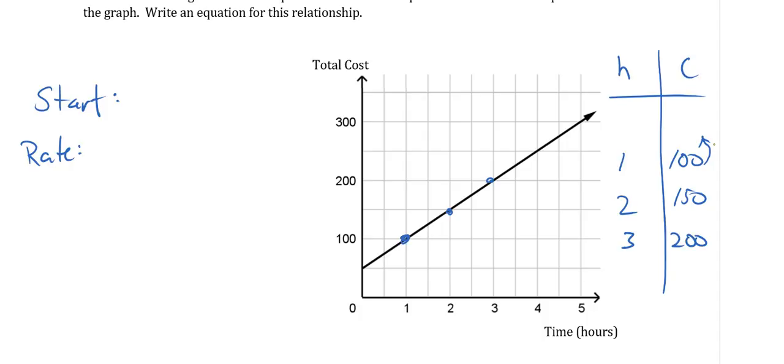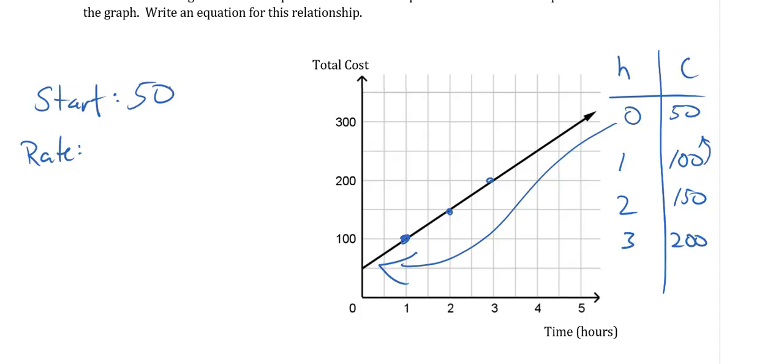But what else could I do? What's another way that I could figure out the start there? Sam, were you going to put your hand up? No. Jamarli? It says on the graph, so what is the start? 50. You can just read it off the graph. Okay? So you don't have to do it this way. It's up to you.